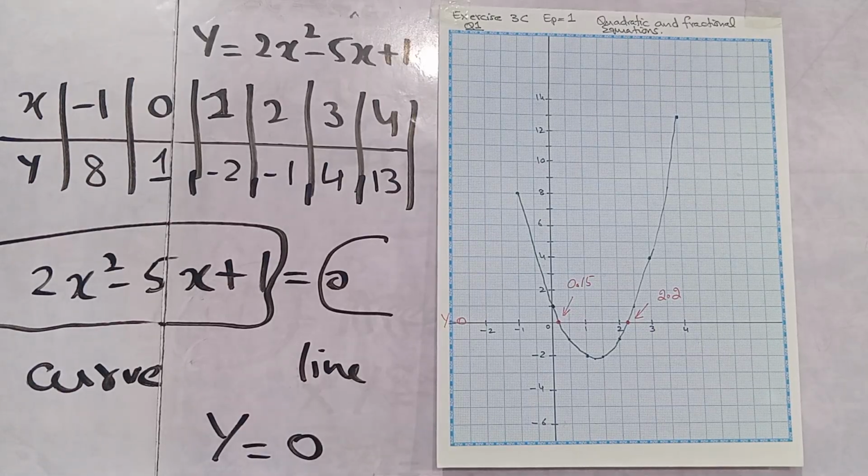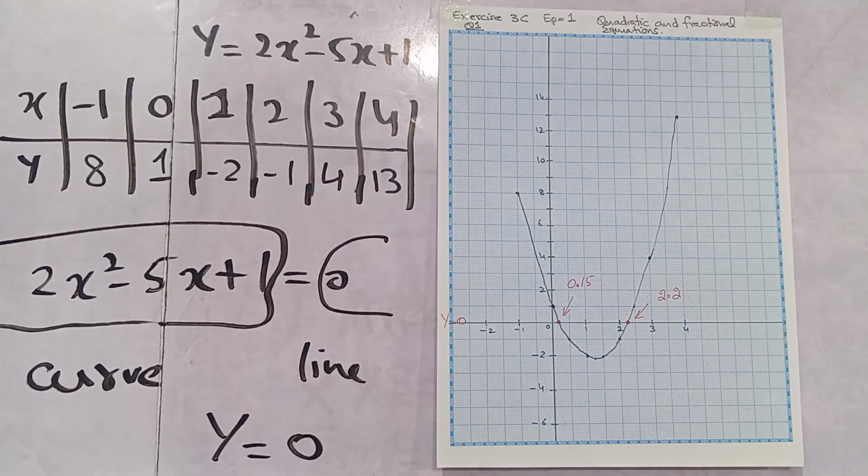Let me check from the book. Our answer approximately should be correct. This is exercise 3C, question 1. They say 0.2, so approximately our answer is right. And they say the other answer is 2.3. I wrote 2.2, which is approximately 2.3. The differences are very, very small.